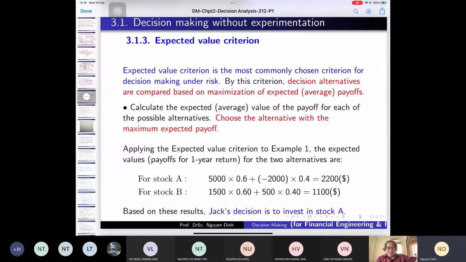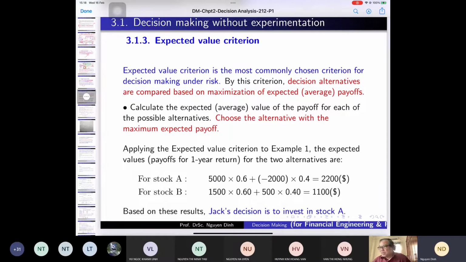In the theory of probability there is expected value. Expected value means average value. So we calculate the average value of A and the average value of B, and which one is bigger?